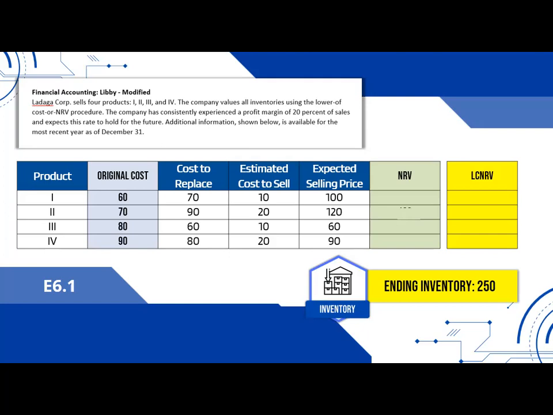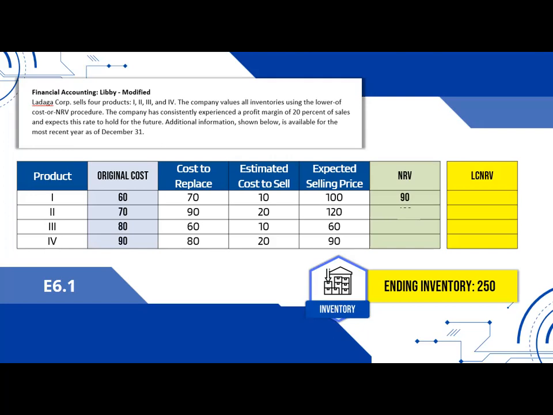So, si product 1, ang original cost niya is 60. So, take note, may 60. Ano yung NRV ni product 1? It is 90. How did we get 90? The equation to get NRV would be estimated selling price of 100 minus estimated cost to complete of wala dito, walang value na binigay, minus estimated cost to sell.